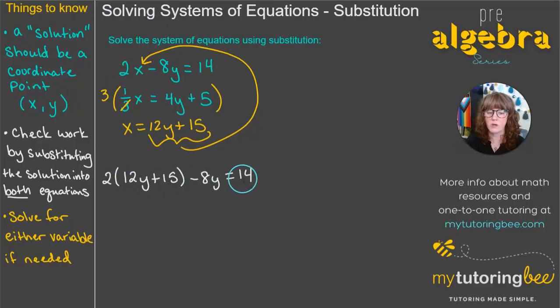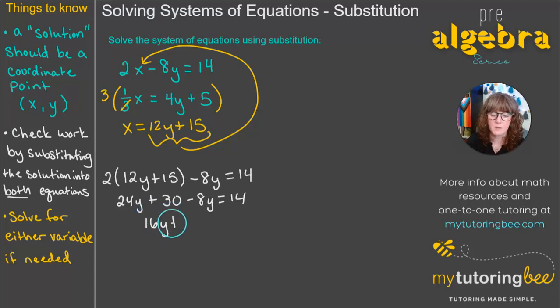Now we have an equation with only y, no x's, so we can actually solve for y and get a value. So 2 times 12y is 24y, plus 2 times 15 is 30, minus 8y equals 14. Combine our like terms, so 24y minus 8y gives us 16y, plus 30 equals 14.